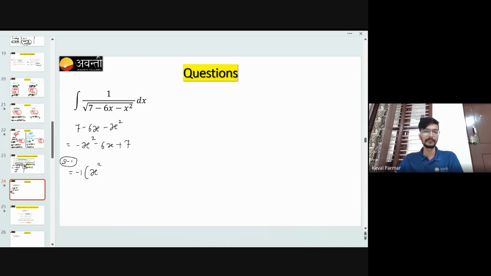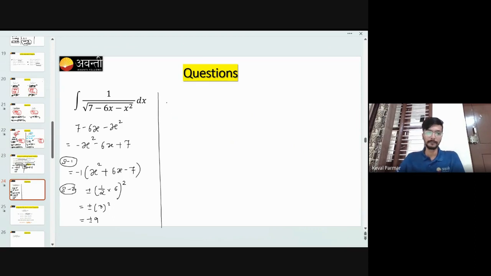So I'll get x square plus 6x minus 7. Now what was step 2? Step 2 was add and subtract half into the coefficient of x, the whole square. That means add and subtract 3 square. That means add and subtract 9.